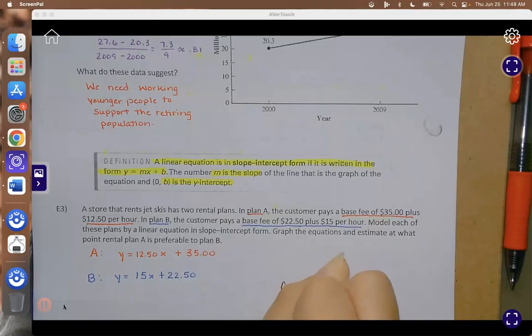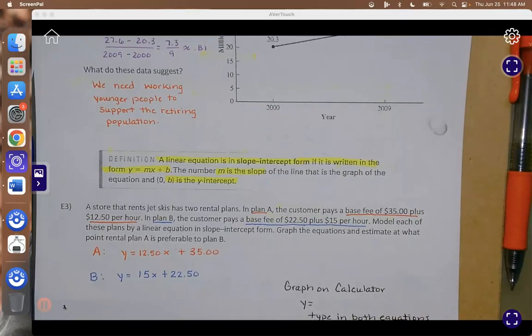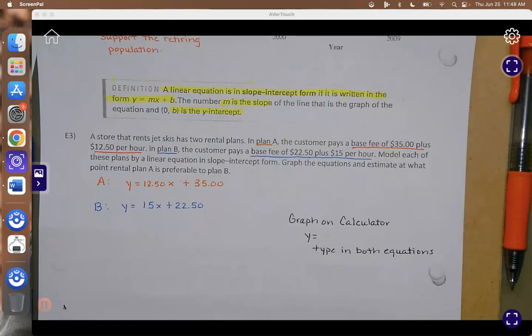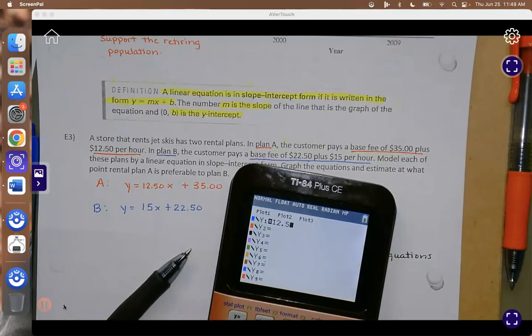Okay, so go into y equals, type in both equations. Okay, so we go to our calculator. So we go to y equals, we type in 12.50x plus 35.